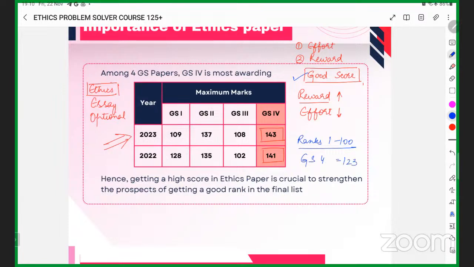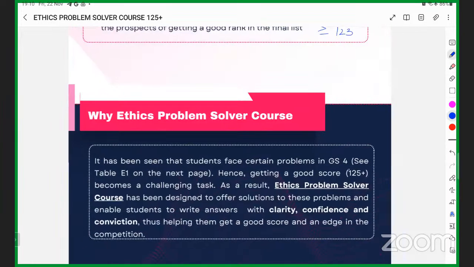So it is safe to say that a good score in ethics is either equal to or more than 123 marks. And this is our main aim, to get a good score here, that is 125 plus. So this is the aim of the program.